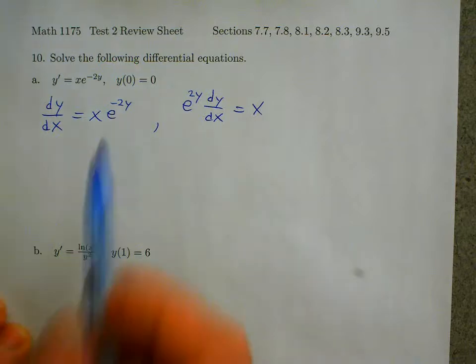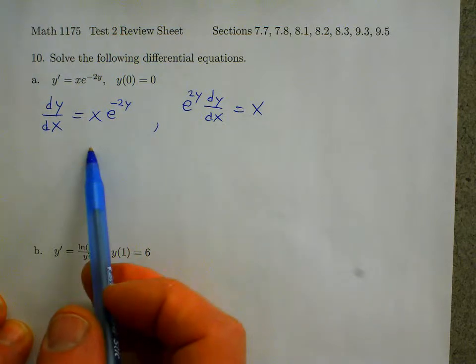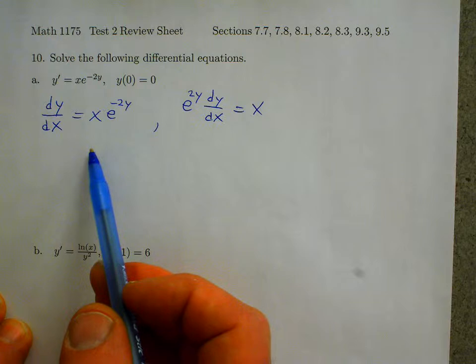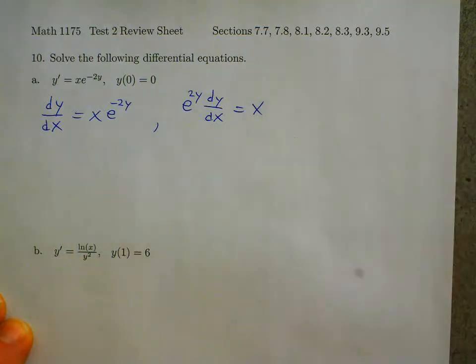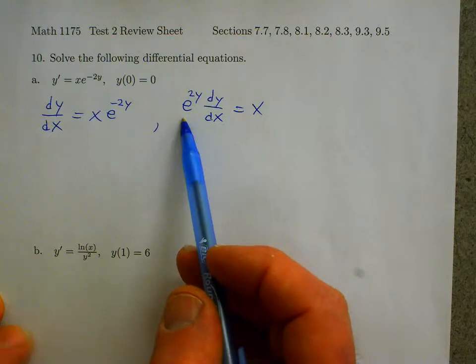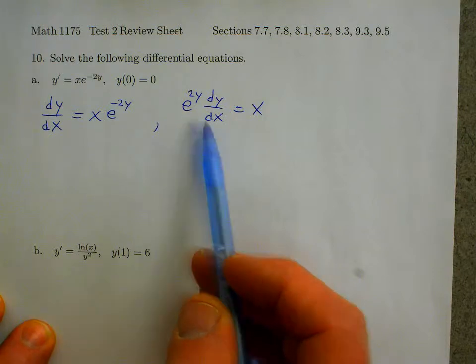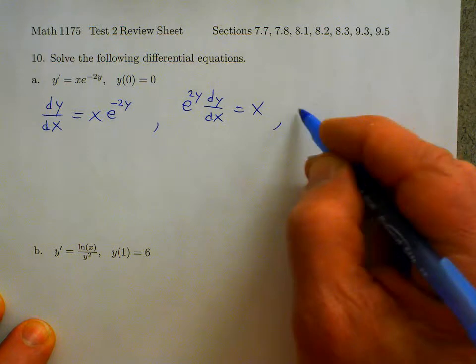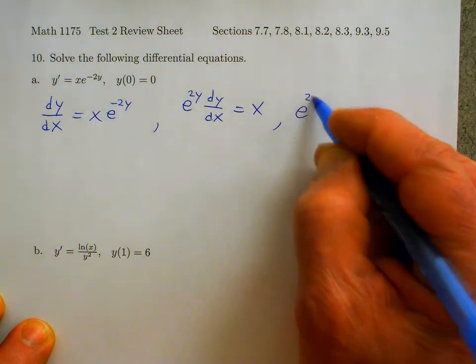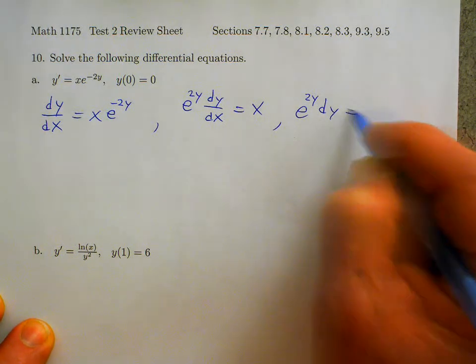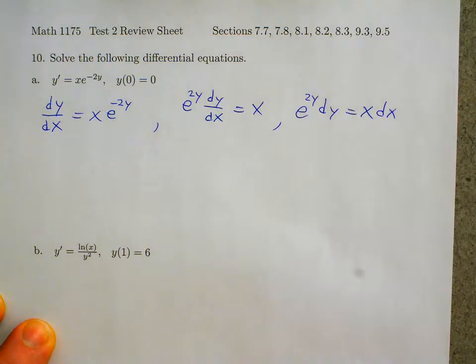If you want to think about dividing both sides by e to the negative 2y, you can. But 1 over e to the negative 2y is equivalent to e to the 2y in the numerator. And then we write this as e to the 2y dy equals x dx. And then we integrate both sides.